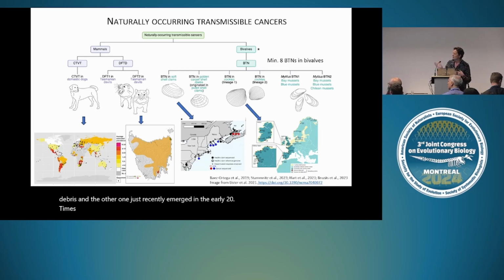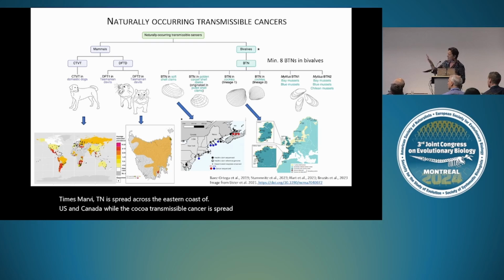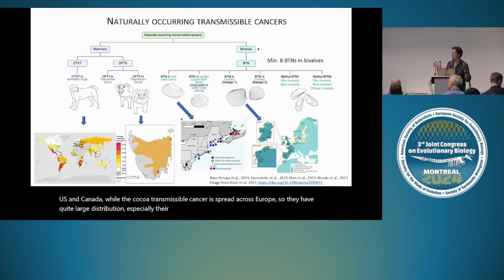MAR-BTN is spread across the eastern coast of US and Canada, while the cockle transmissible cancer is spread across Europe. So they have quite large distribution, especially the older cell lines, and those which are not restricted by the island geography.